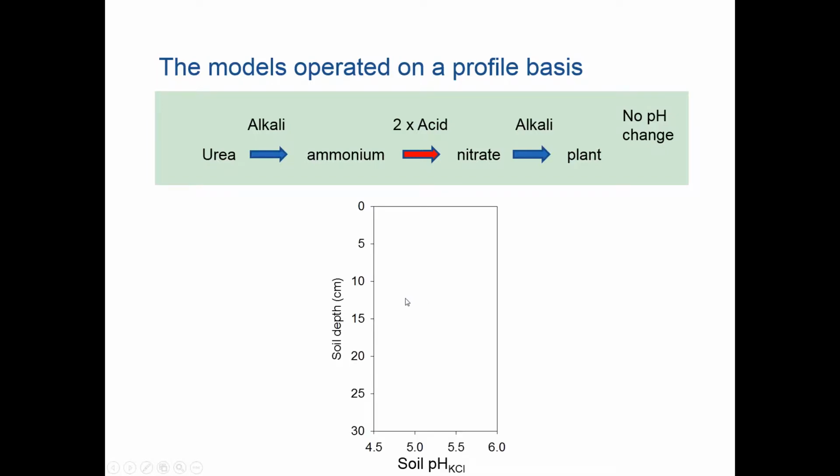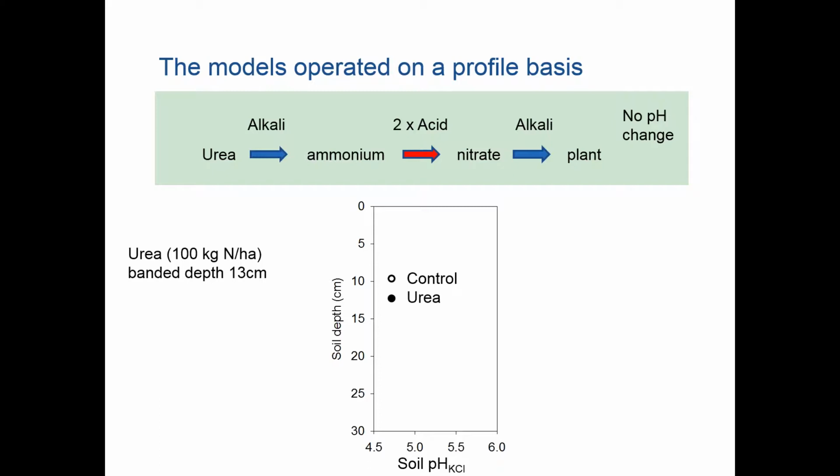We did an experiment here, a pot trial, where we had 30 centimeter pots, measured pH, and we had a control which had nothing added to it, and we had urea added, banded at a depth of 13 centimeters, like a pre-sowing deep banding operation, 100 kilos of N as urea.